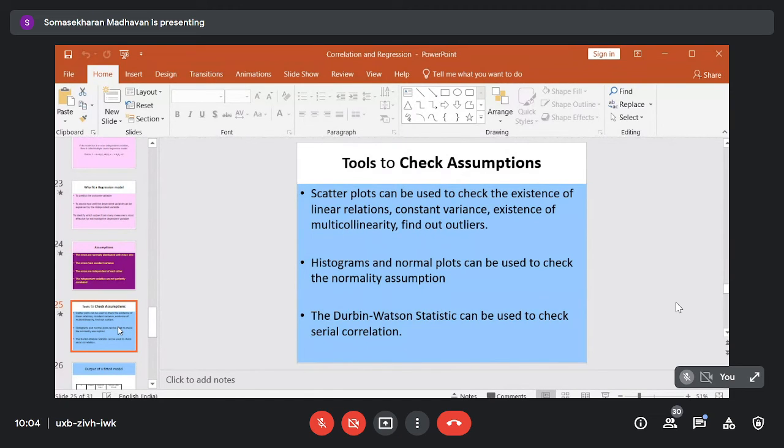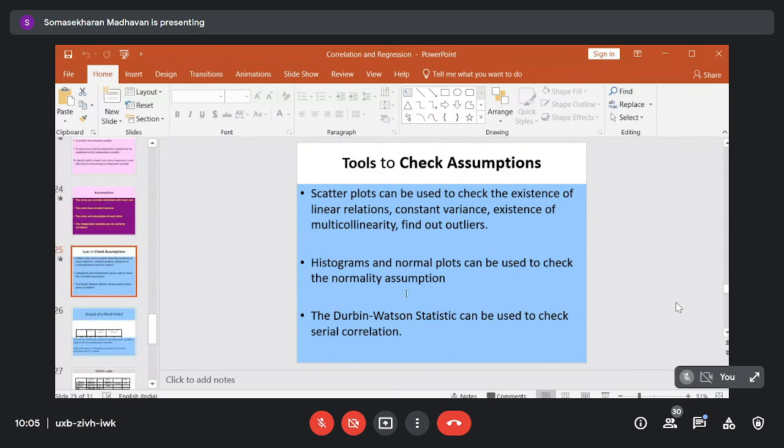These are certain graphical procedures, and the Durbin-Watson statistic is a test where you compare the value against certain values to check autocorrelation. Apart from these methods, there are testing procedures for these assumptions, available in all statistical software.